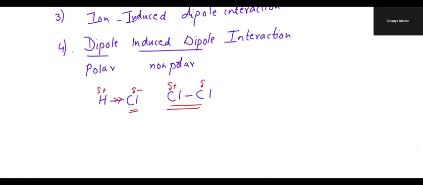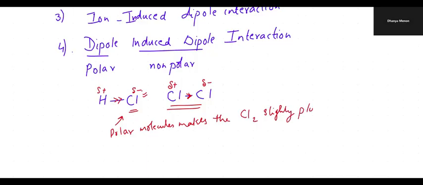In other words, because of the negative charge that has come here, in chlorine molecule, the negative charge, the electron seems to move on to this chlorine, which is further away. And as a result, this chlorine develops a slight positive charge. Or rather, this polar molecule makes the chlorine slightly polar.